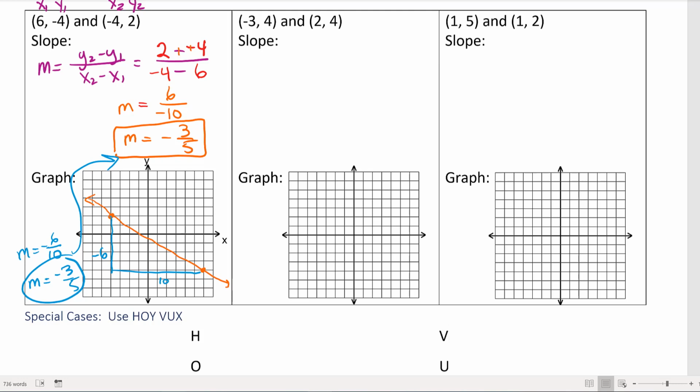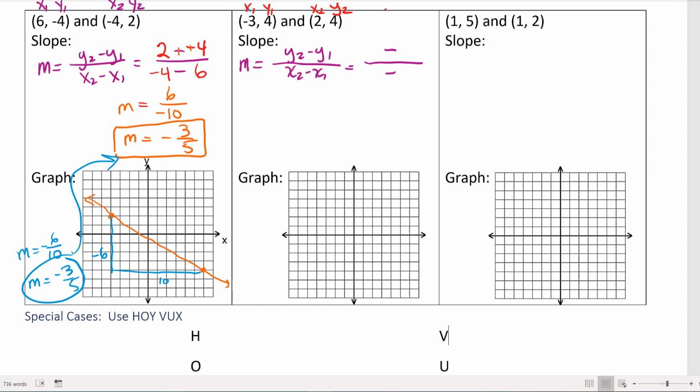Our next problem, let's label our x1, y1. And I'm going to rewrite my formula. I find that if you continue to rewrite your formulas, you'll have them memorized by the test. So I have 2 minuses in the formula.